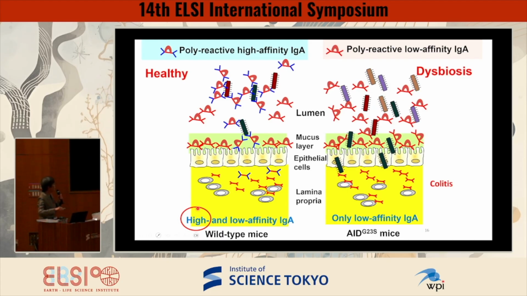In the G23S mice, they do not have a good IgA. So the bad bacteria emerge and overgrow, and they cause a dysbiosis. And some of the bacteria invade into the host and cause colitis spontaneously, like an inflammatory bowel disease condition.